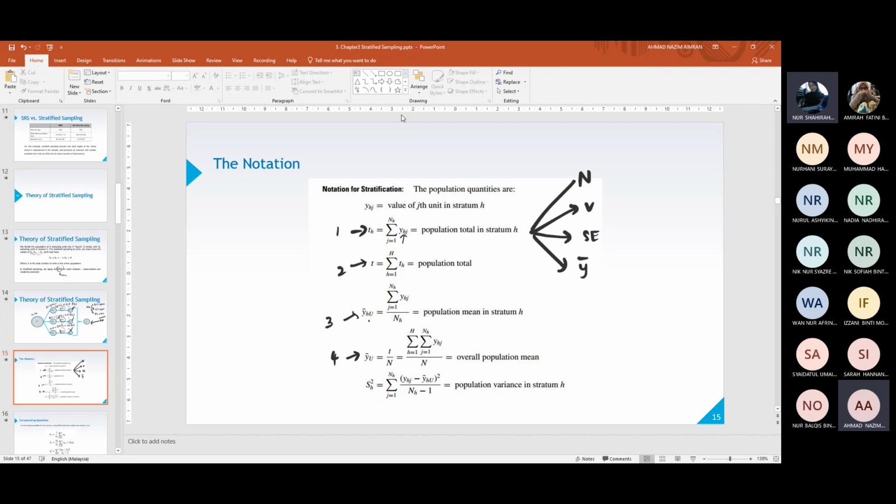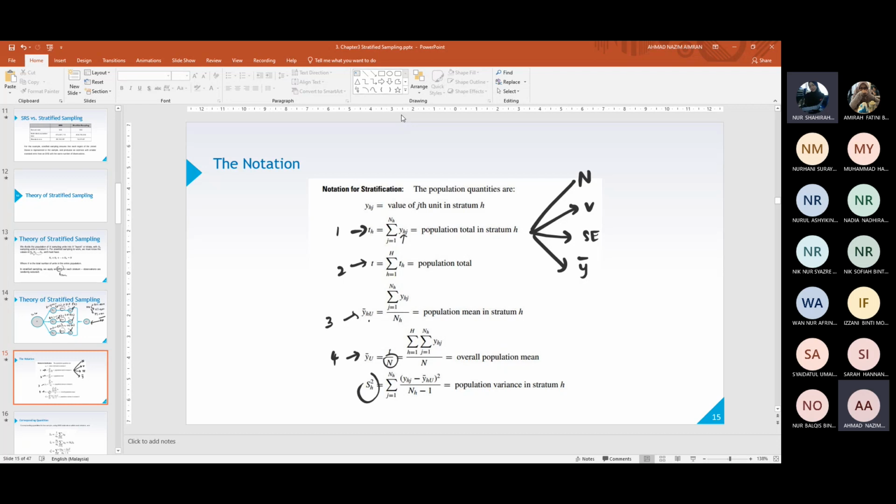Number 4 is an extension of number 3. You sum up the value of the population total over N, the population size, and then you come out with the overall population mean.